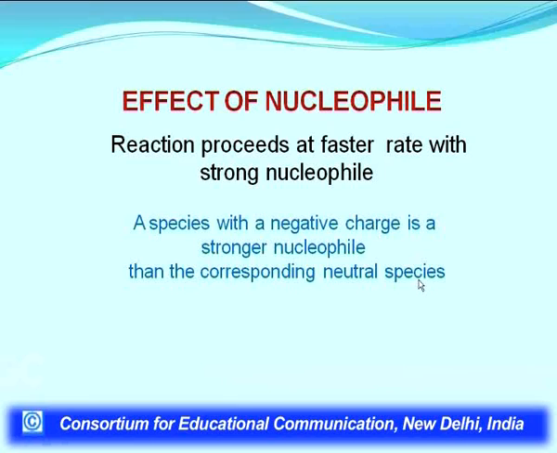But the difference between basicity and nucleophilicity is that basicity is the interaction of the species with H plus ions, and we talk about nucleophilicity with their interaction with respect to carbon. Since we are studying this reaction on carbon containing halogens here, we will talk about nucleophilicity.